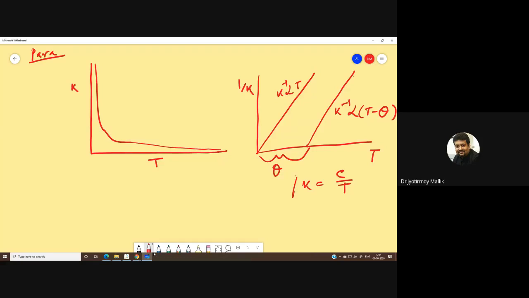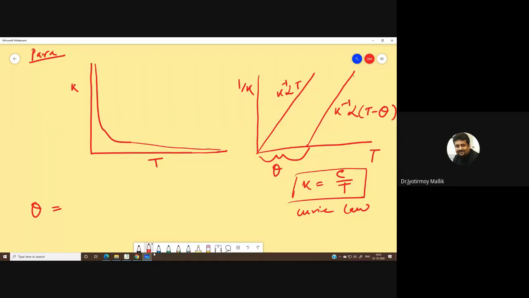This is what we call Curie's law. This temperature theta is called the paramagnetic Curie temperature.